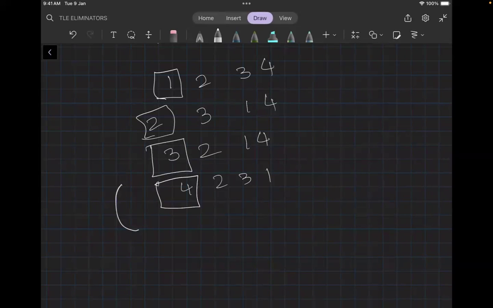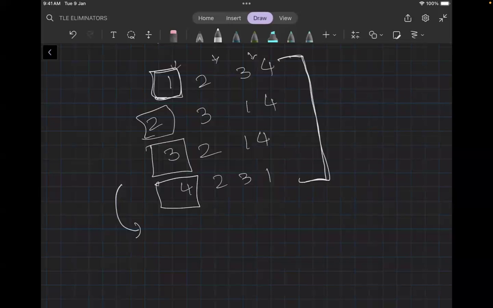We have to say if it is possible to create an array such that it satisfies all these screenshots. For example, here one could have been in the first position or the second position or the third position. Two could have been in the first position, so on and so forth, right? Is there a possible output or array such that it satisfies all of this? Like if you were to place this 1 2 3 4 wherever you wanted, is it possible?